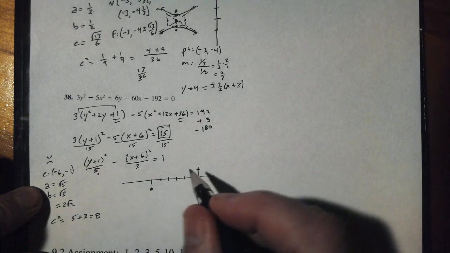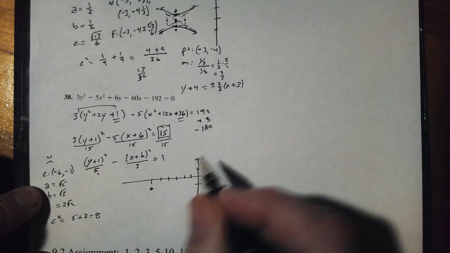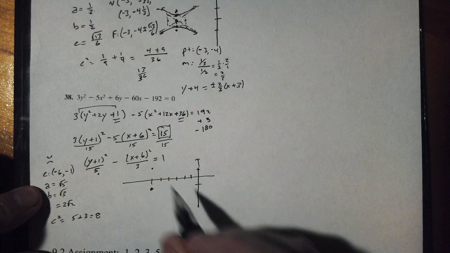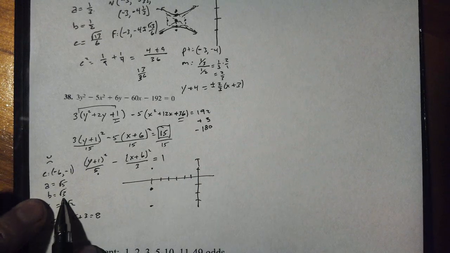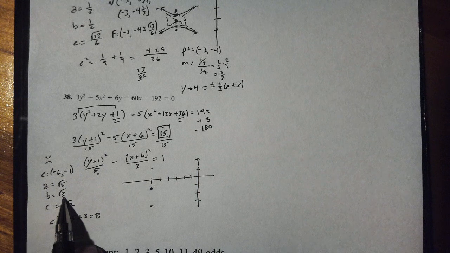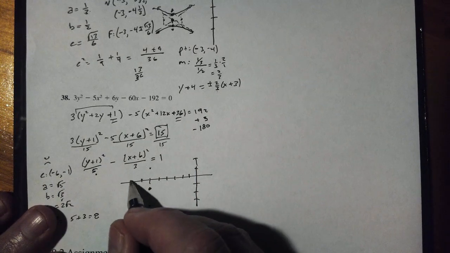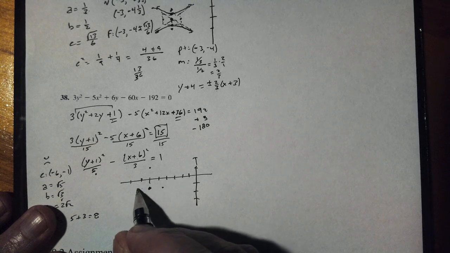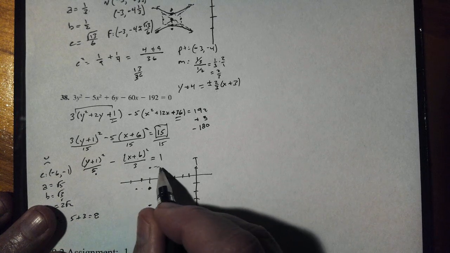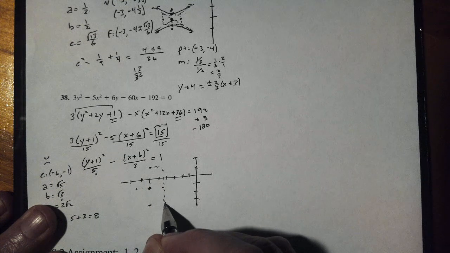That's a little bit more than 2. Up 1, 2, a little bit more than 2. Down 1, 2, a little bit more than 2. I'm going to go right and left square root of 3, about 1.7. So over 1, about 7. Over 1, about 7.